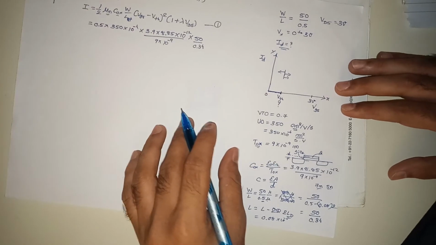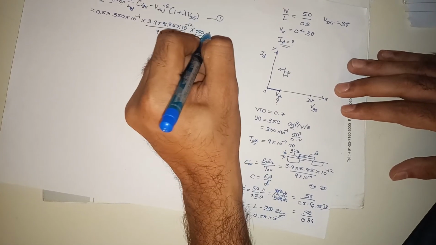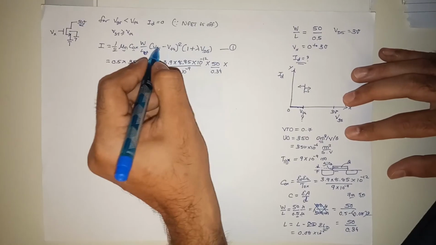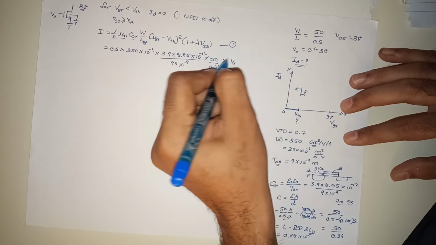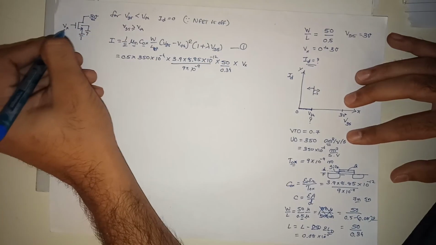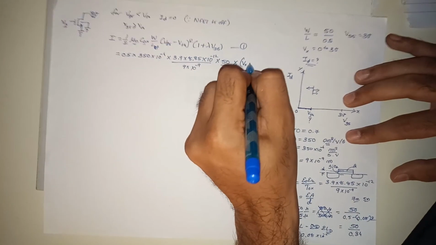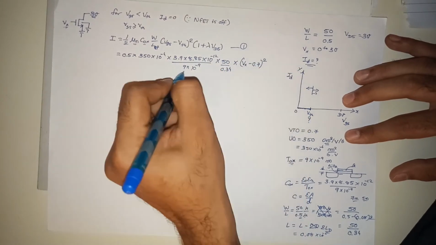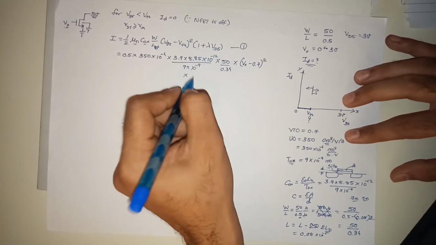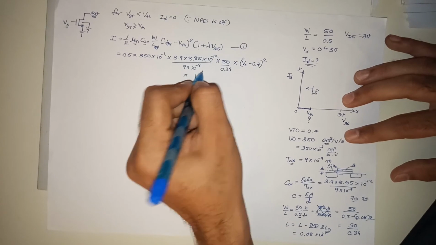So what is remaining? VGS minus VTH. VTH is given, and we already took VGS equal to Vx here. So Vx minus 0.7 squared into the term that is remaining, 1 plus lambda VDS.